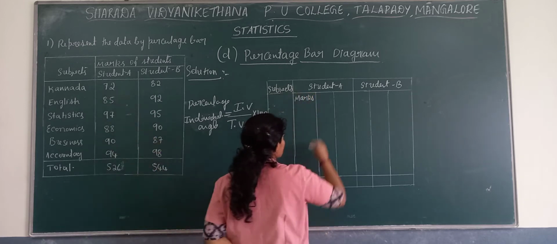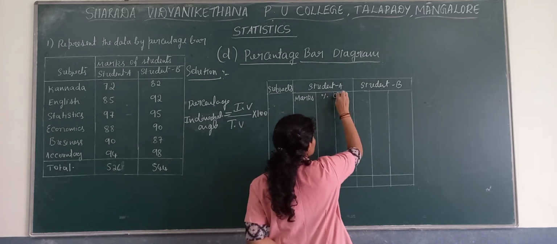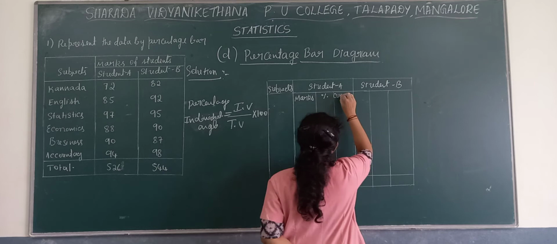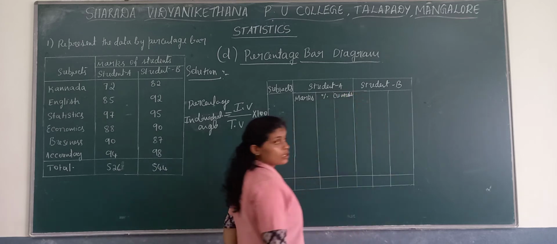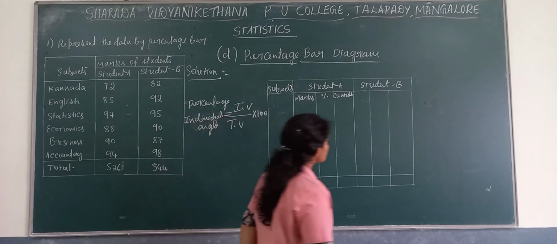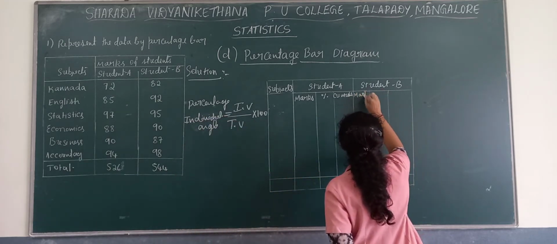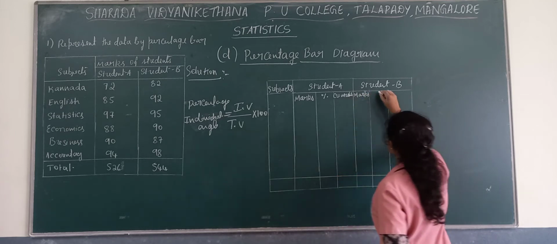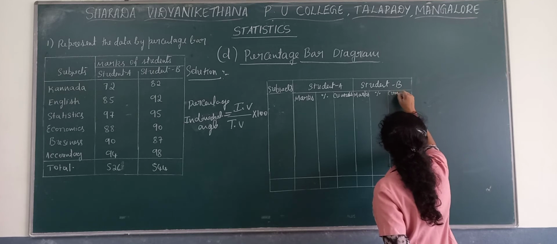Then percentage. Then comes the cumulative values. Percentage and cumulative values. Then again for student B, here the original marks, then the percentage, then their cumulative values.